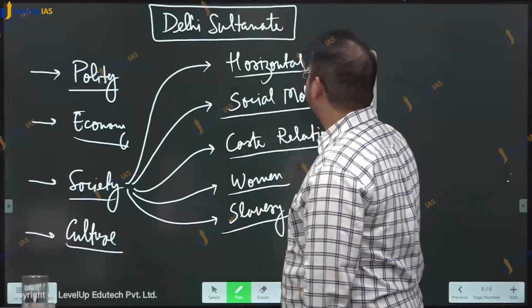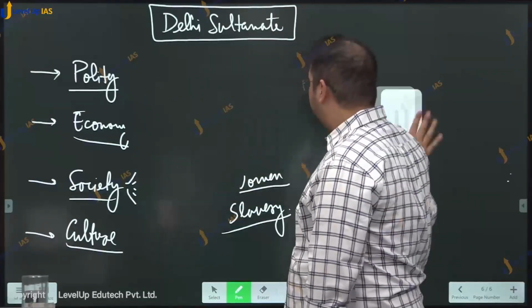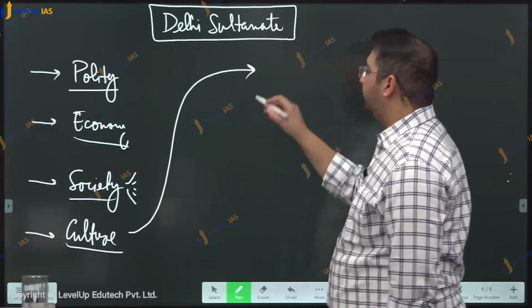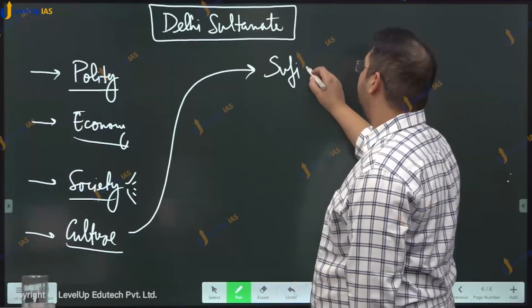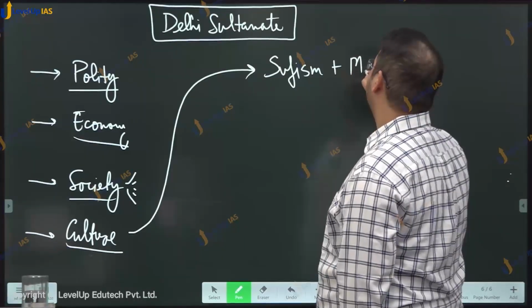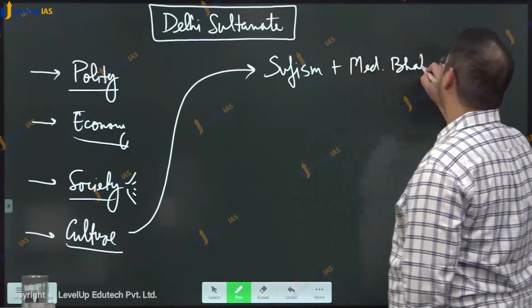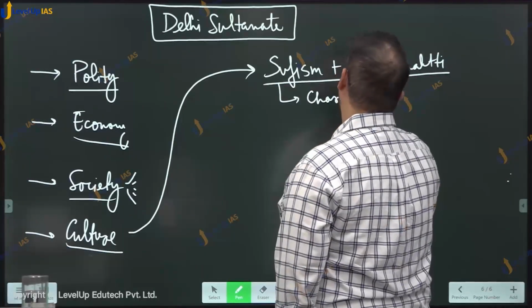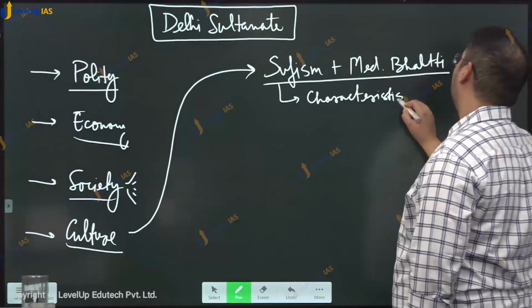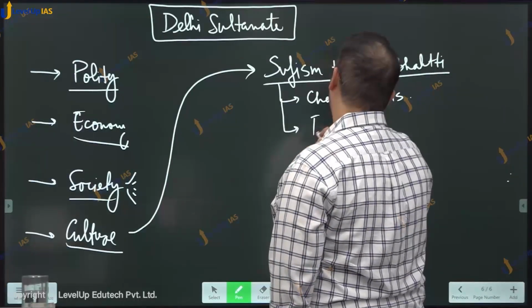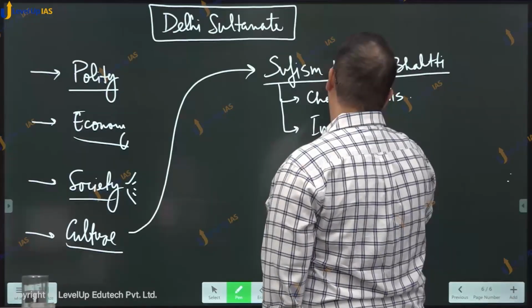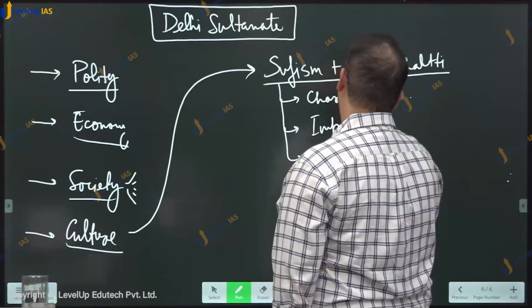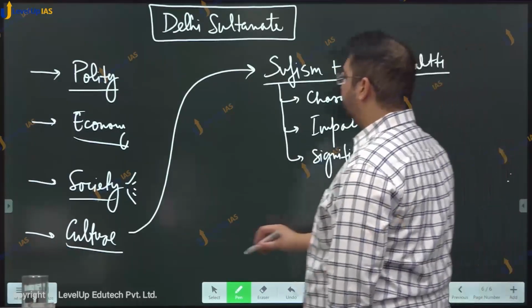And finally, within culture, we can talk about the emergence of the Sufi movement and medieval bhakti. Their characteristics, impact, and significance.